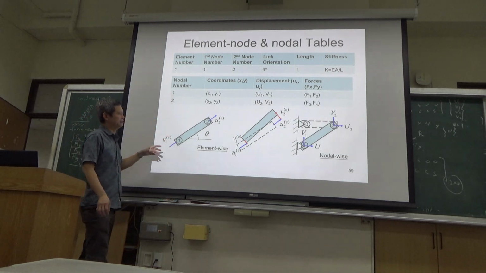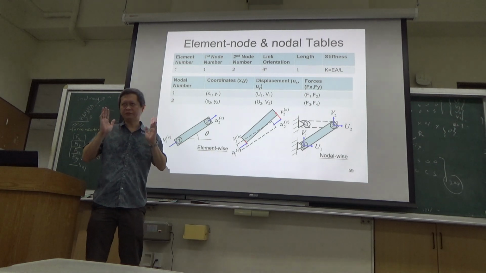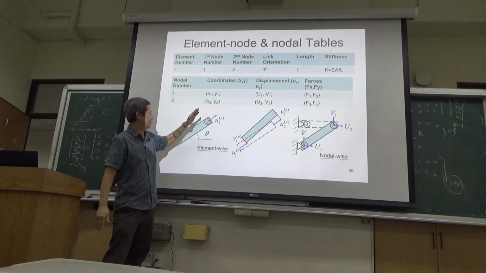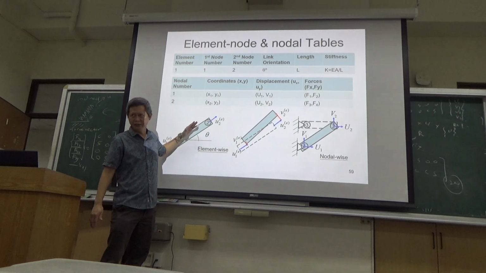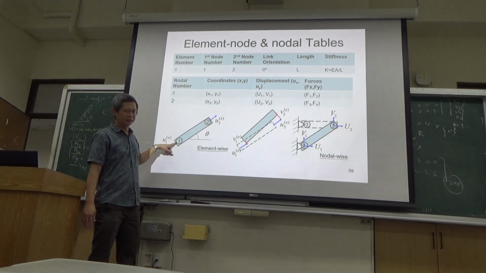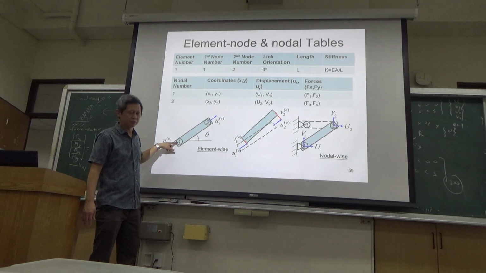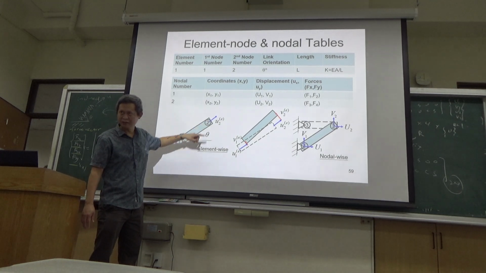So the first thing we define here is for all the elements, it is the element in the first quadrant. The elements start from origin pointed to the distal end.